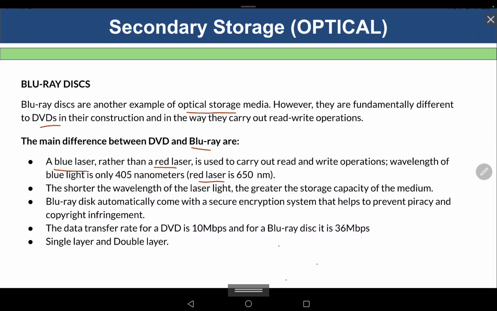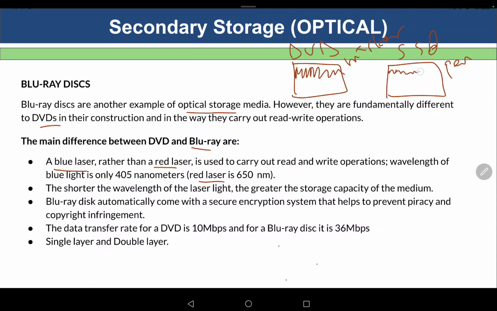Let me give you a visual example. Imagine we are writing on this space. This is Blu-ray and this is DVD. Imagine you're using a marker to write on DVD and a pen to write on Blu-ray. The tip of the marker is much wider when it is writing compared to the tip of the pen.